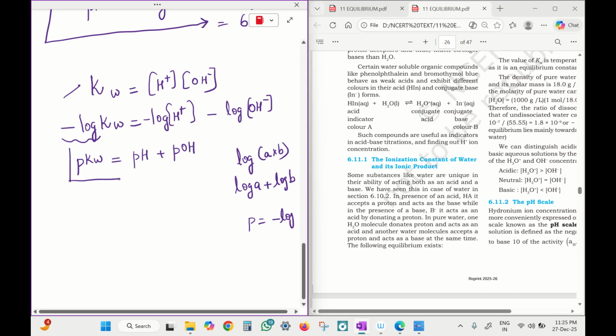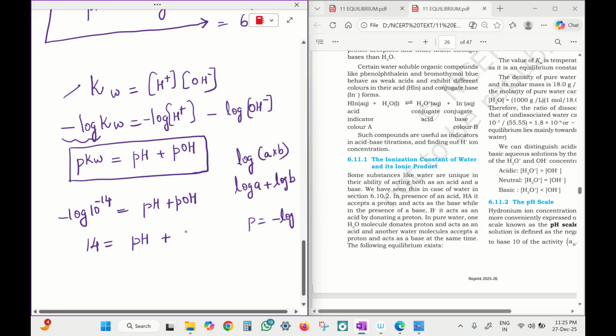So this is yet another term. pKw is equal to pH plus pOH. What is pKw? Negative log of 10 to the power minus 14 is equal to pH plus pOH. When I take negative log of 10 to the power minus 14, I'll be getting 14.